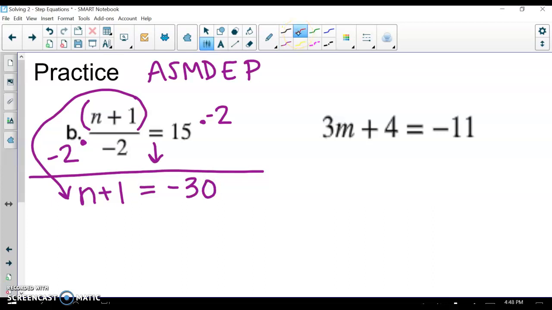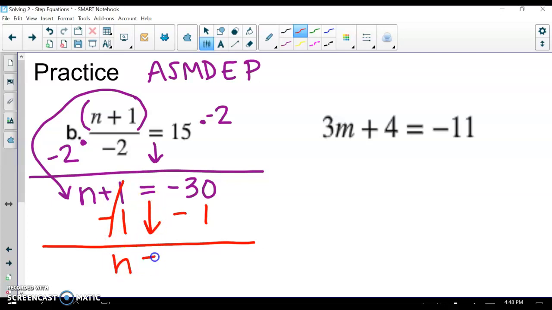All right, our next step, we have adding one here, so we subtract, which is the opposite. Subtract 1, subtract 1. We cancel those out, so we are left with n equals -30 minus 1 gives us -31.